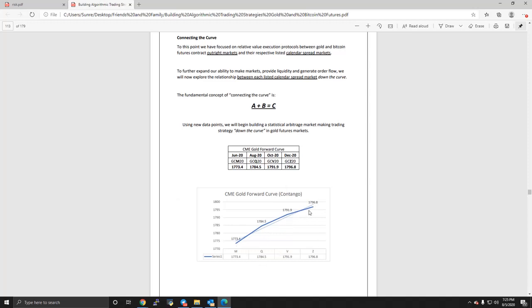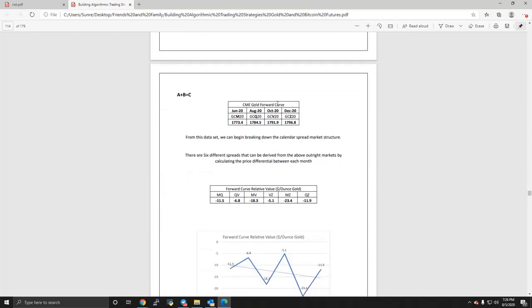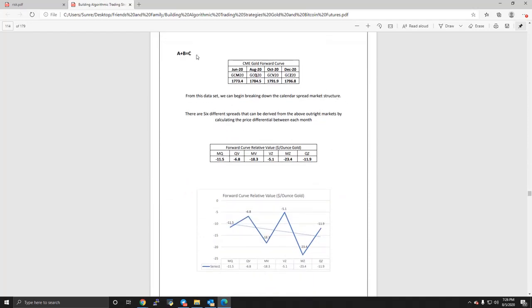And really, the standard 6 framework is built around the fundamental principle of A plus B equals C. And that's how we're going to set up our market making statistical arbitrage trading strategy, leaning against the concept of A plus B equals C. If we explore further into the book, the concept of A plus B is explored deeper, and we show the forward curve of the calendar spreads, or the calendar spread curve.